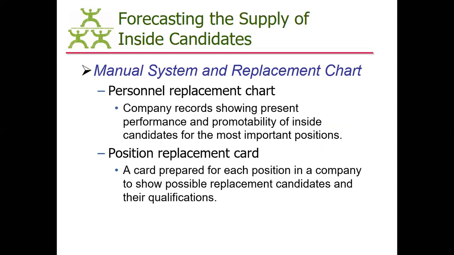And the position replacement card, as the name suggests, is a card prepared for each position within a company to show the possible replacement candidates and their qualifications. Based on those qualifications, the different candidates are promoted to certain positions within the organization.